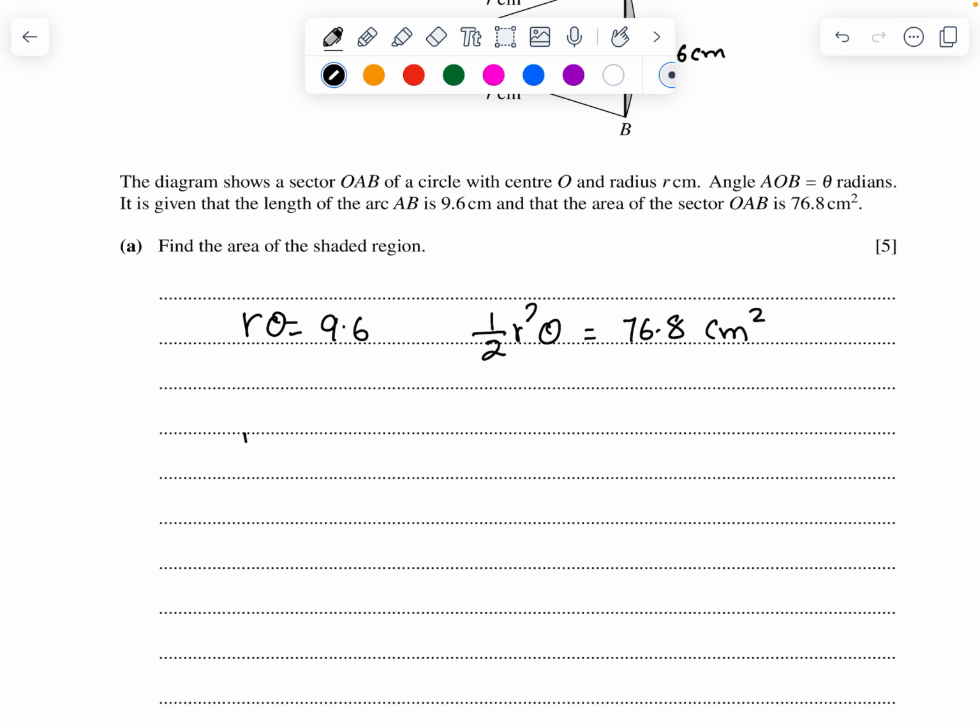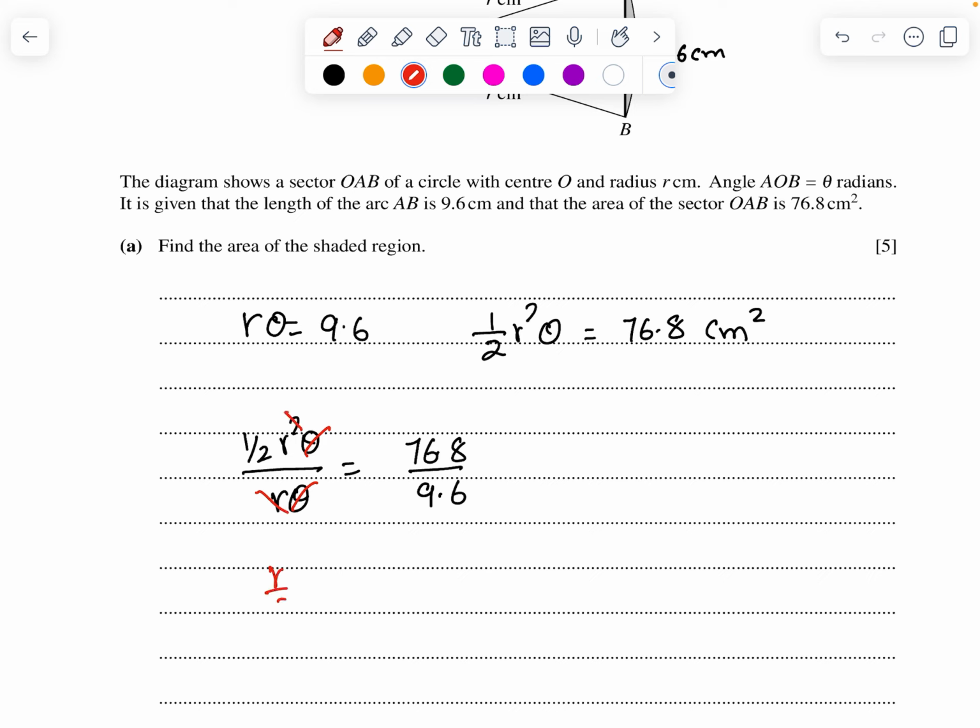So what am I going to do? Half r square theta divided by r theta equals 76.8 divided by 9.6. So what can I do? Theta cancels, and one r and r cancel.